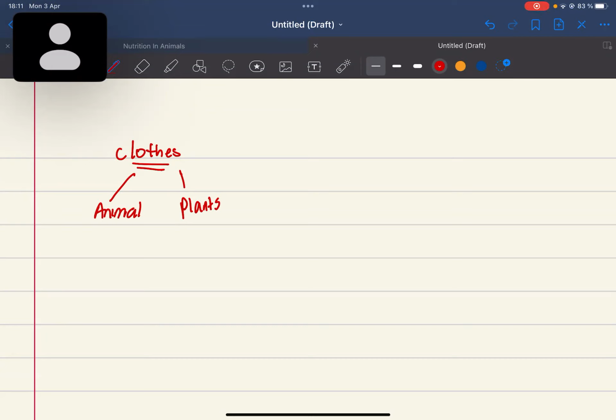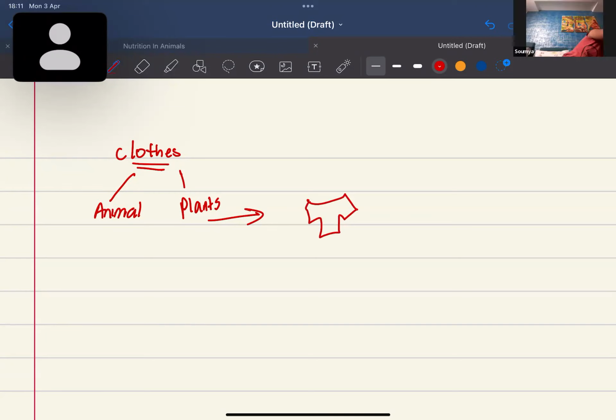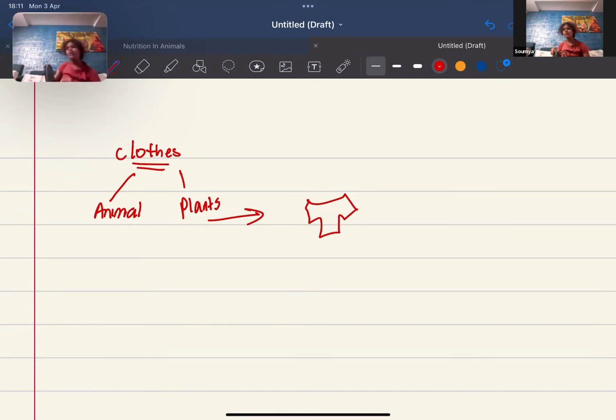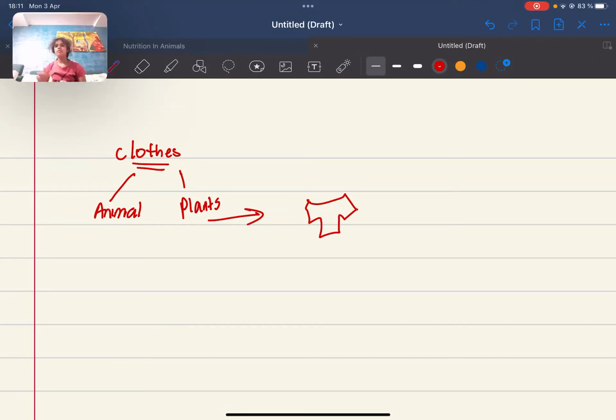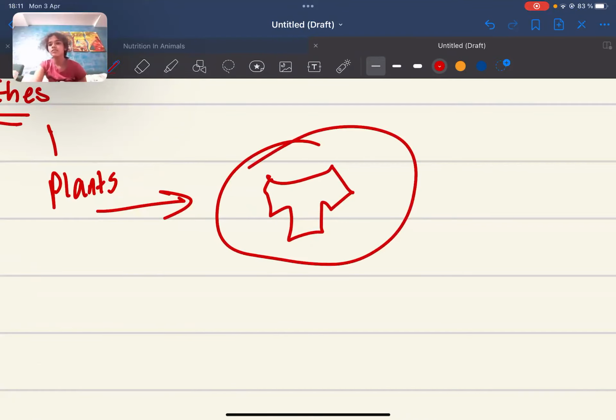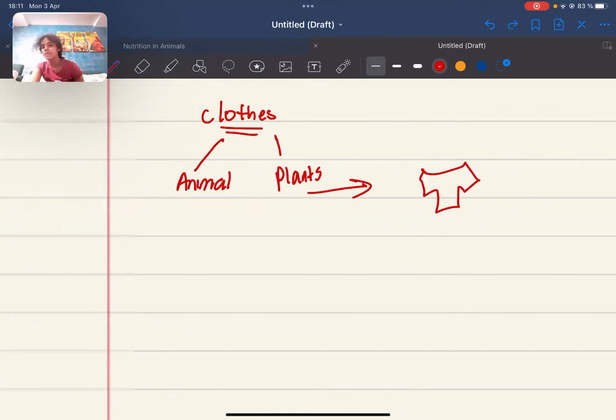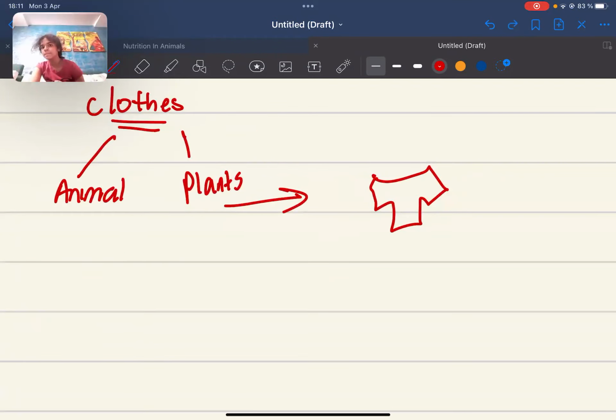You can see that your cloth, for example, you're getting it from the plant. Do you get your dress directly like this from the plant? No, ma'am. What do you get it as? How does it become a dress?